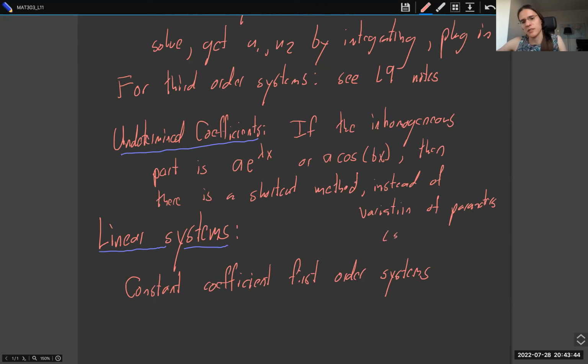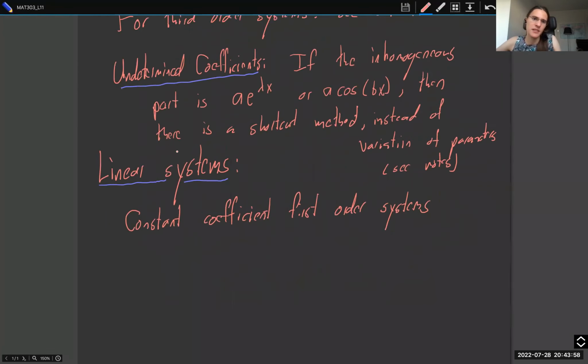See notes. You can do variation of parameters even if this is sort of multiplied by x to the n. But I didn't cover how to deal with that. Sorry, undetermined coefficients in that case.